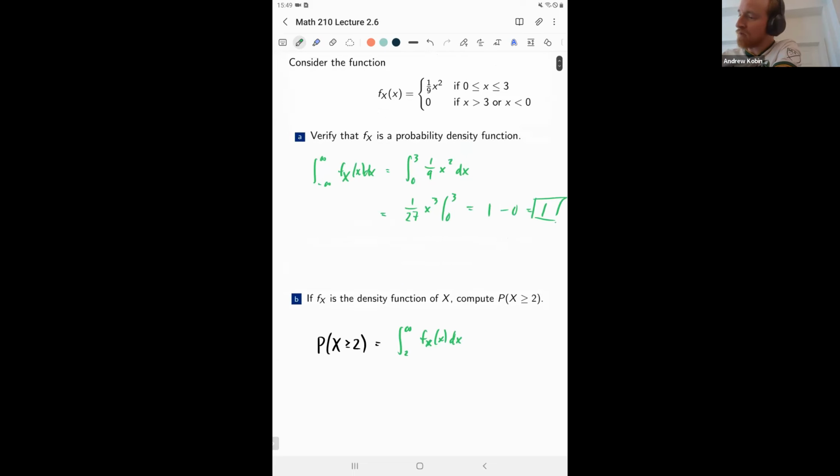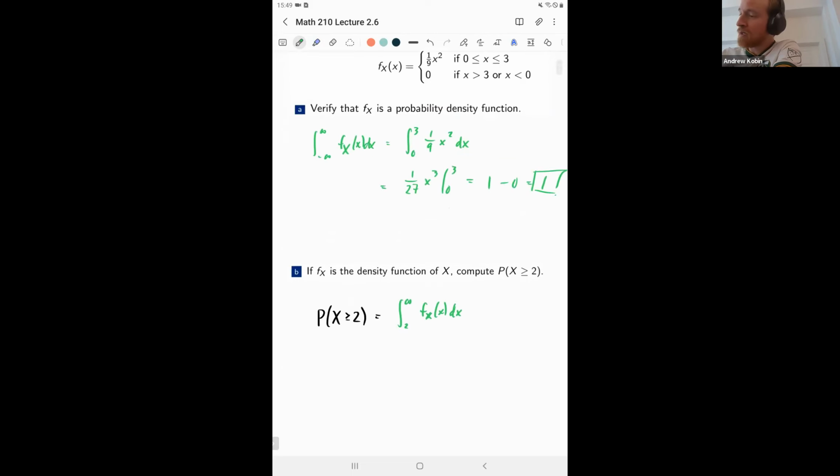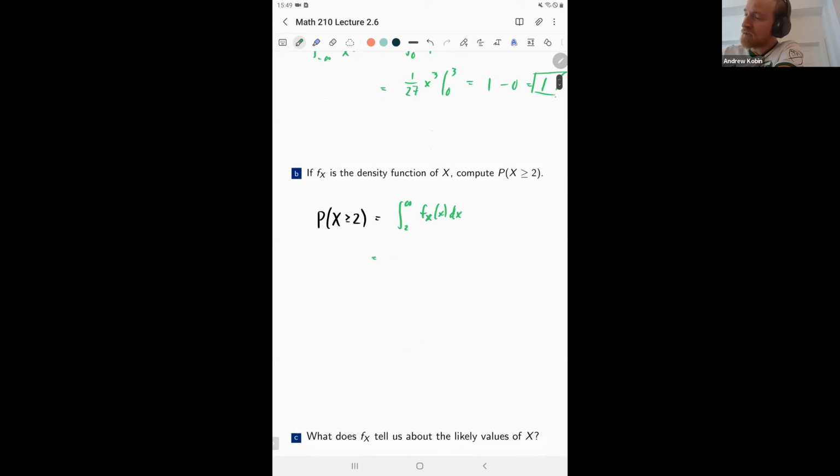So again, what happens when we're above x equals 3, all of the function values are 0. So we can actually reduce this computation. We didn't have to do an improper integral yet. We will in a few problems during this video. We only have to integrate from 2 to 3 here. And again, the function's name is 1/9 x squared for values between 0 and 3.